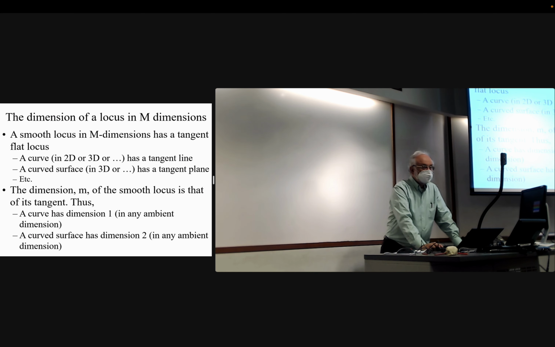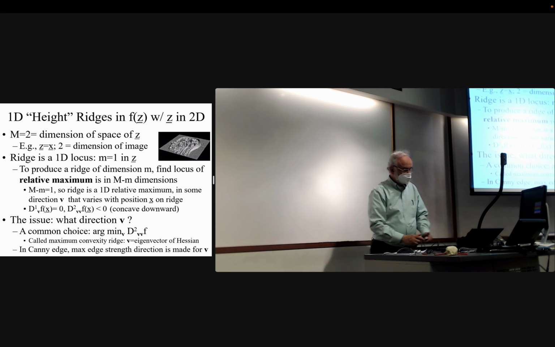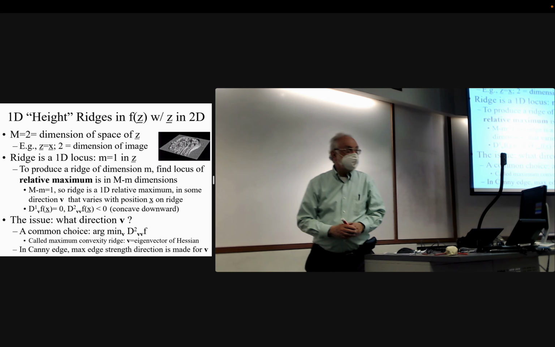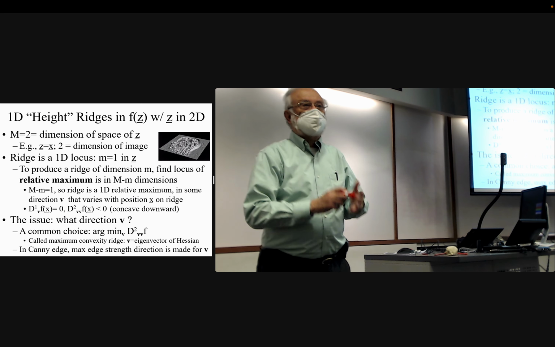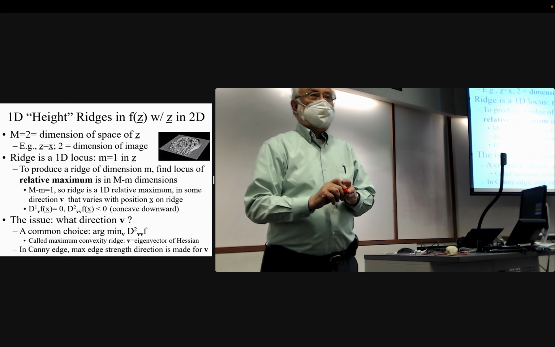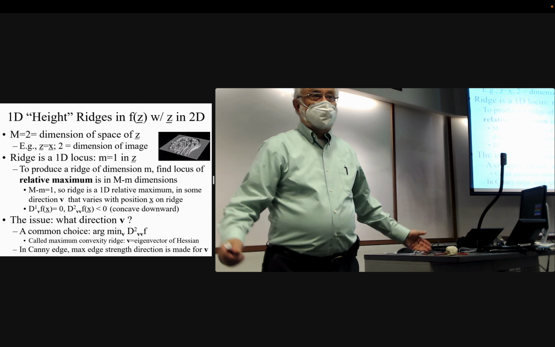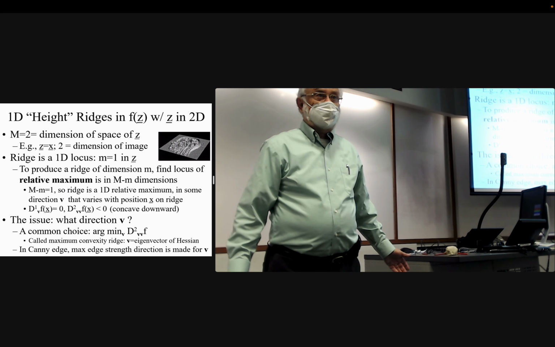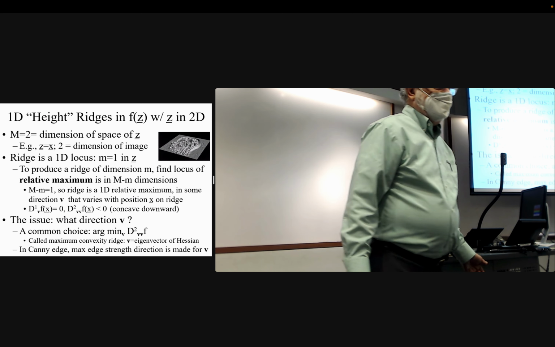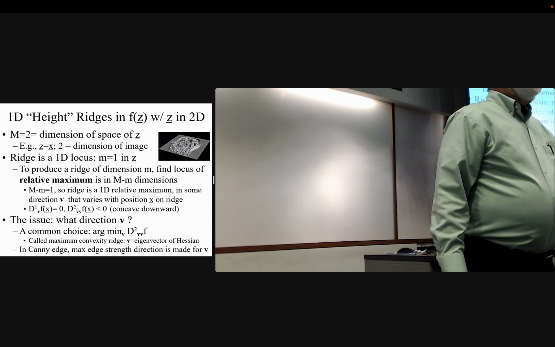I meant for this slide to be up before, but that's exactly what I said before. So now we're going to be trying to find ridges of some dimension in functions h that are of typically higher dimension. Could be the same dimension, special case.